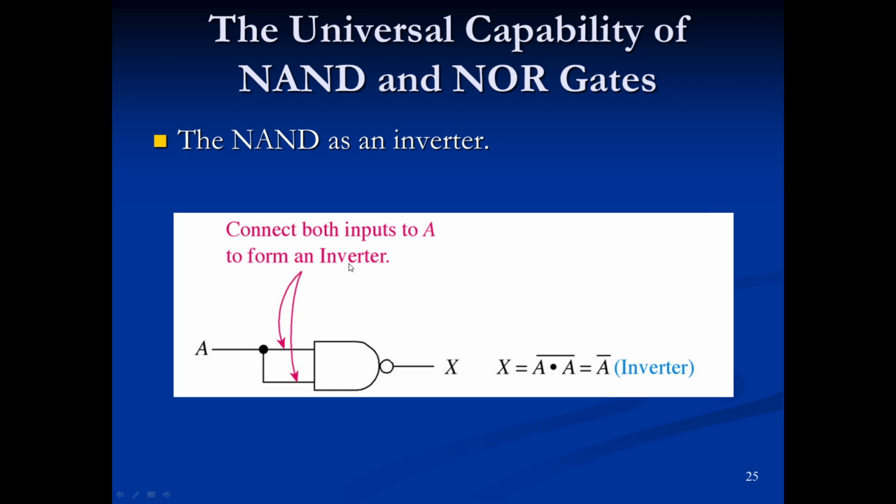All we have to do is connect the input A to the other input, so that both inputs are A. If we AND A with A, and we put a big bar over it, well, what is anything ANDed with itself? It's just itself, which would then be under the bar. So now you've created a function where the output is just the opposite of your input, A, which is basically just what an inverter does.